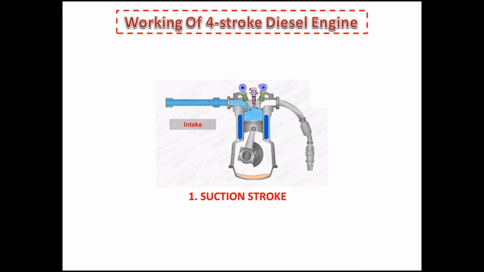In this stroke, the inlet valve will open and the exhaust valve will close, and the piston will move from top to bottom and will create a suction, and because of that only air will come inside the cylinder. In the petrol engine, we use an air plus fuel mixture coming inside the cylinder. But in this diesel engine we are not using an air plus fuel mixture, we are using just air. So when suction is created in the suction stroke, only air will come inside the cylinder.